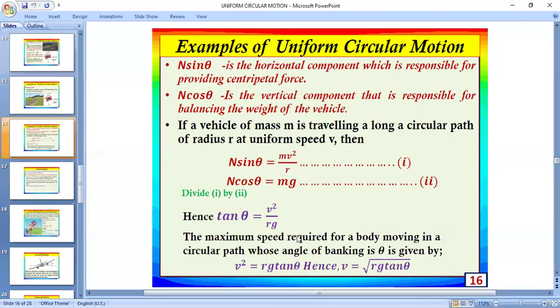So let's understand that. Therefore, when we divide N sin theta over N cos theta, which gives us tan theta, we get mv squared over r divided by mg.